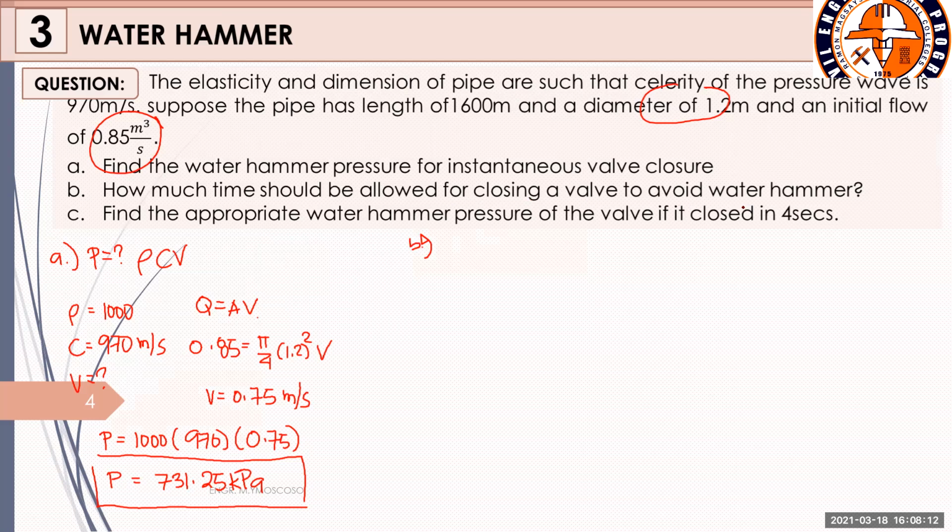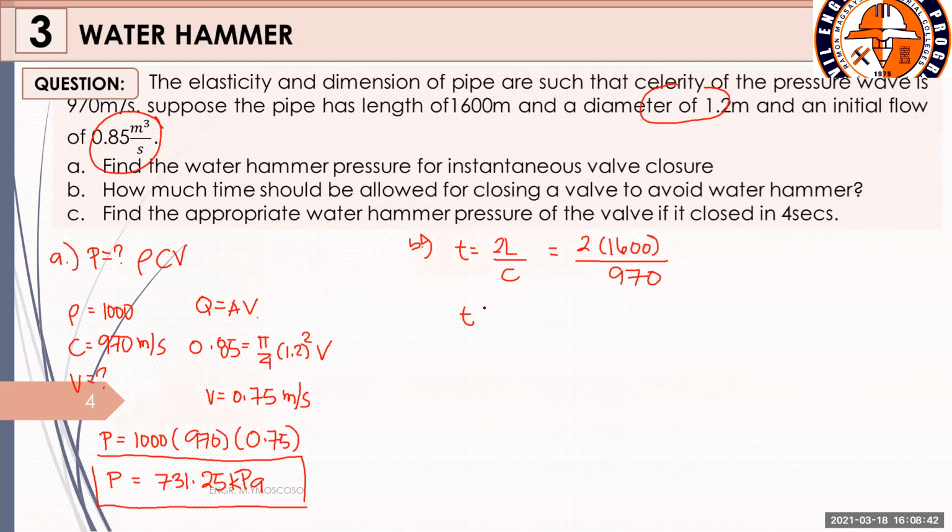So ano daw yung kailangan nating na oras, para maiwasan natin yung shock wave natin. So let us try to get that one. Pwede natin yan siyang makuha ng time of closure natin para wala kayong shock wave that is in the formula of 2L over C. So you will be having 2 times yung length natin 1,600 divided by the celerity which is 970.